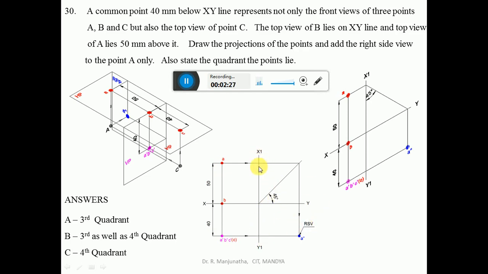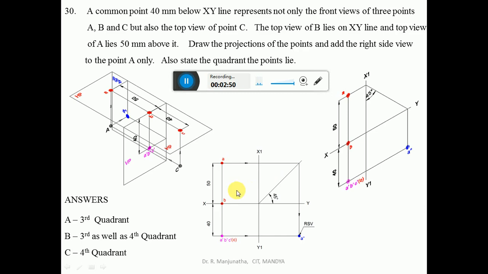So first you draw the X1 Y1 line and draw a 45 degree line adjacent to the top view. Since the top view of A is above XY line, draw a 45 degree line above XY line, and then draw a horizontal projector from the top view of A to the 45 degree line.